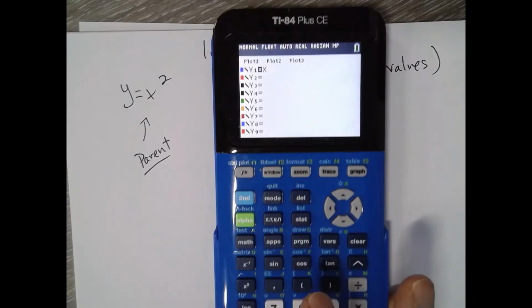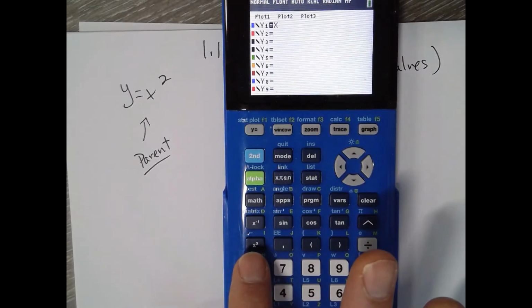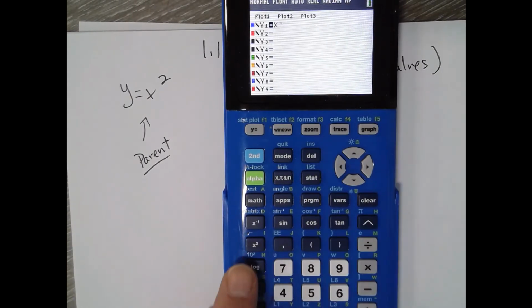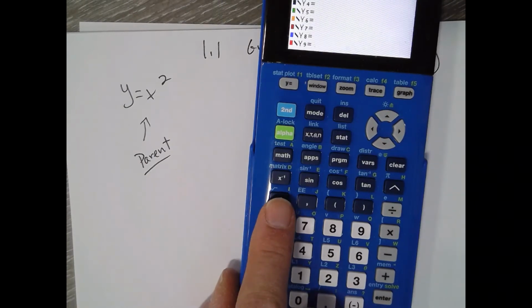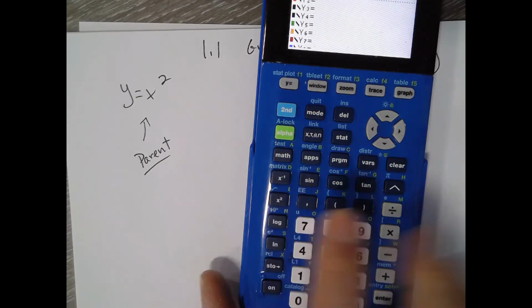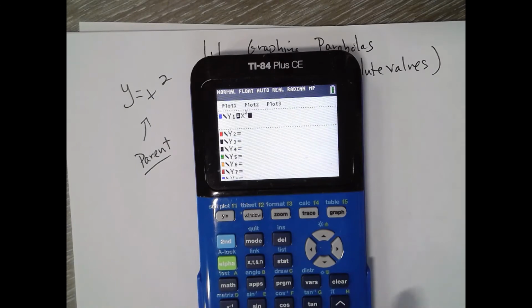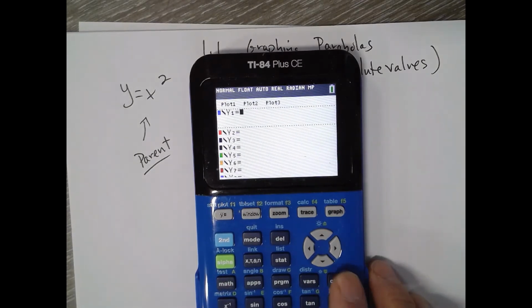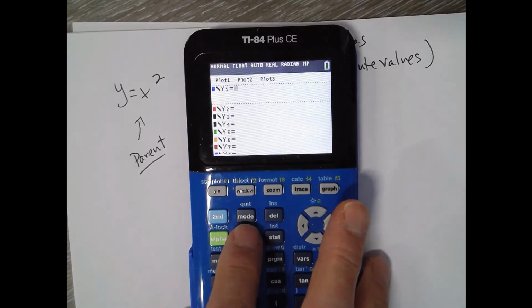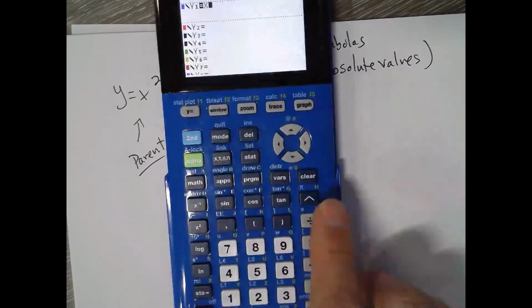And there is a squared button right here. It squares it, so we just hit squared. If we wanted to do x to the third, we would do x, and then this is called the caret button.